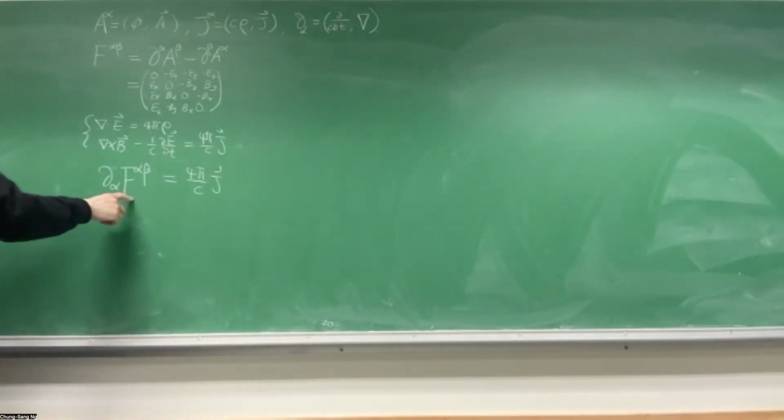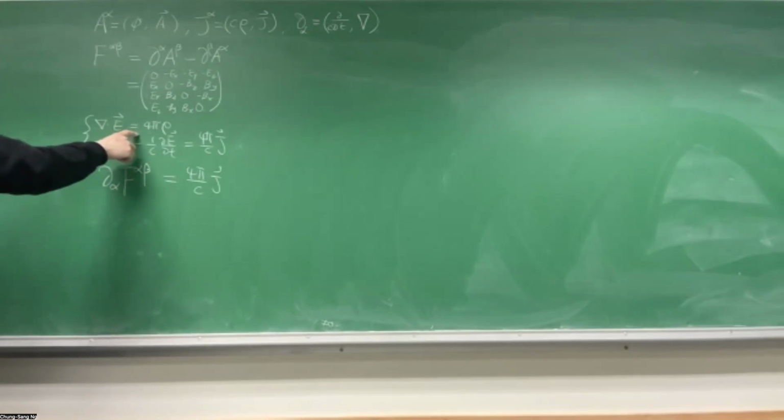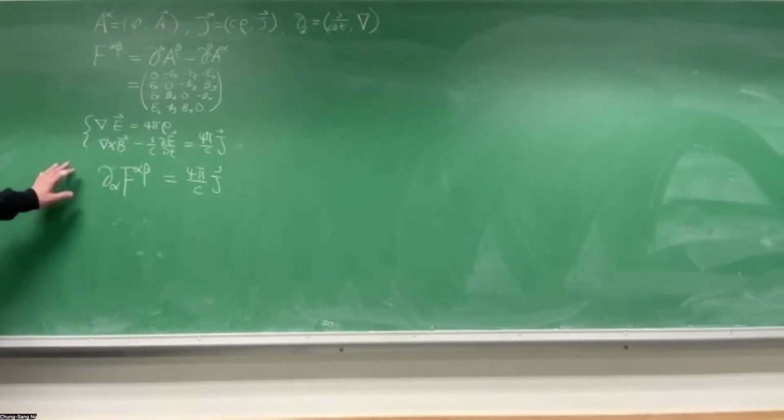So that's just a suggestion, but we need to see whether that is actually true, whether this corresponds with this, by simply checking it. It's a component by component check of whether it's true or not.